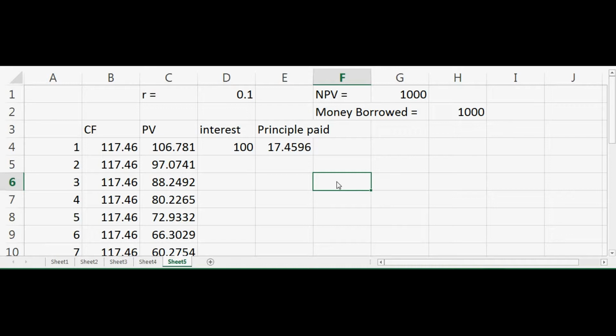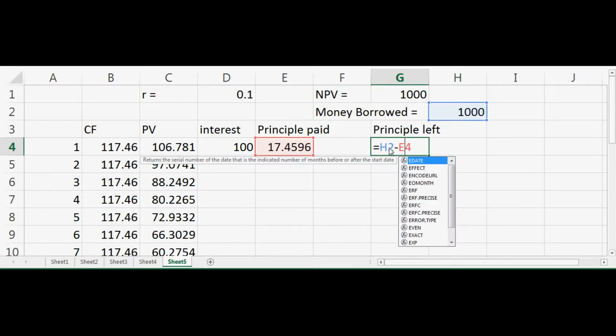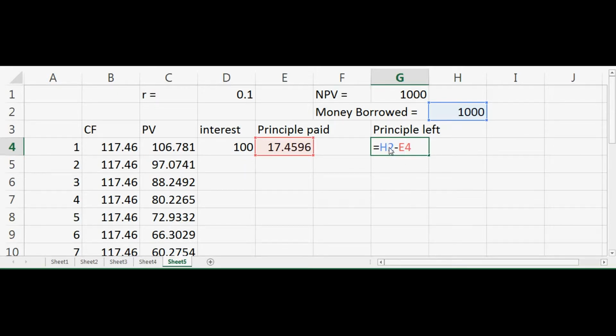So next year the principal left will be equal to money borrowed minus principal paid, right? And I'm putting a dollar sign on the, so let's do it this way.